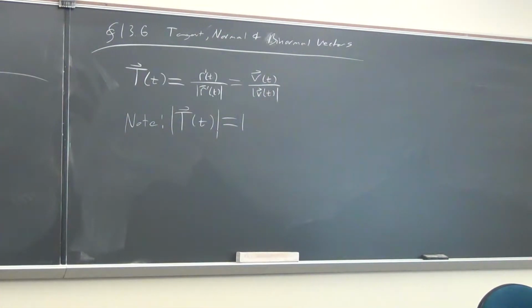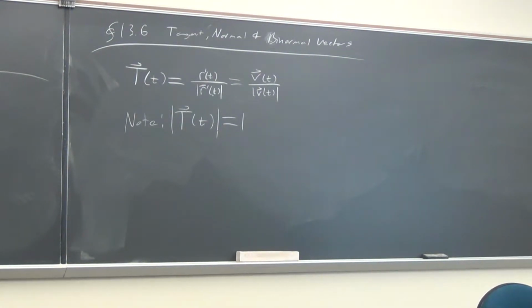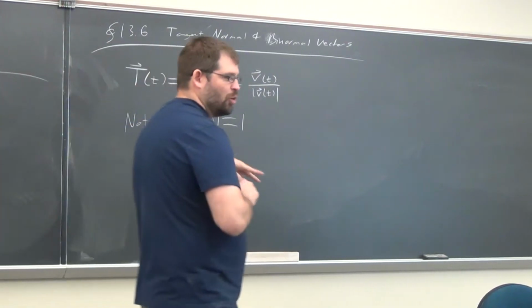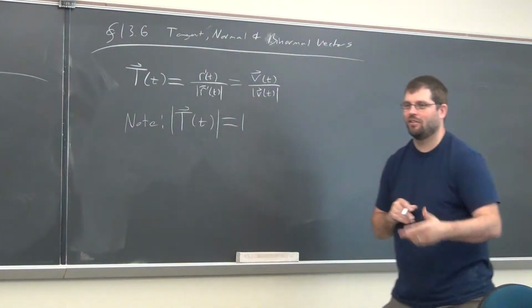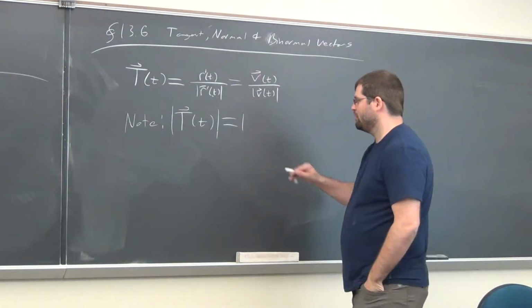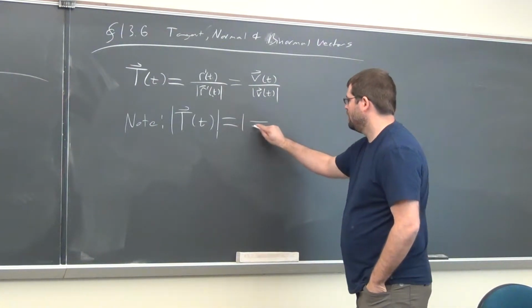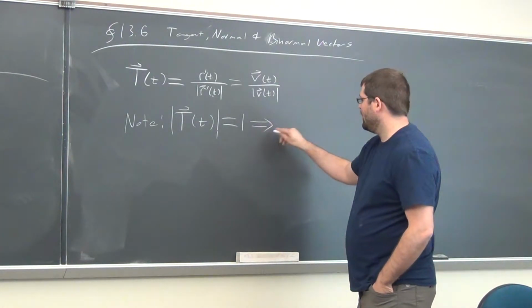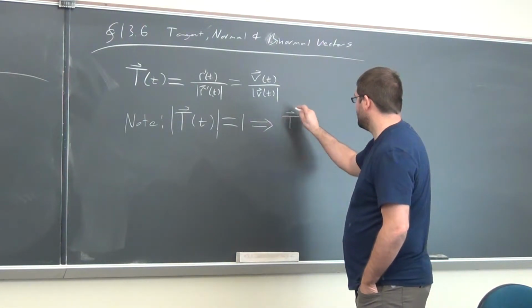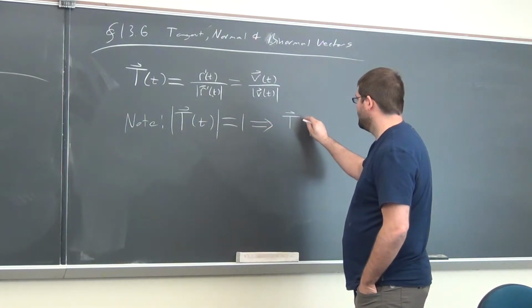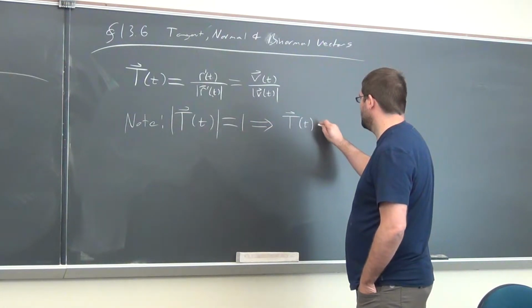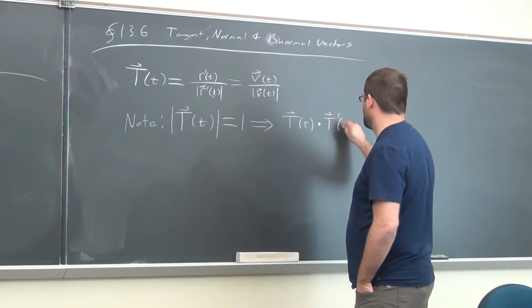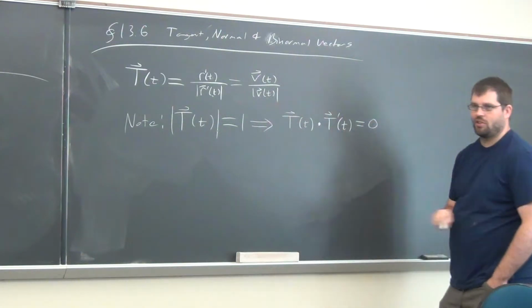And so we did an example, we proved this result: if you had a vector valued function where the magnitude was always constant, then it was perpendicular to its derivative. If you don't remember that, it's not a big deal. But this fact implies that T of t dotted with T prime of t is 0.